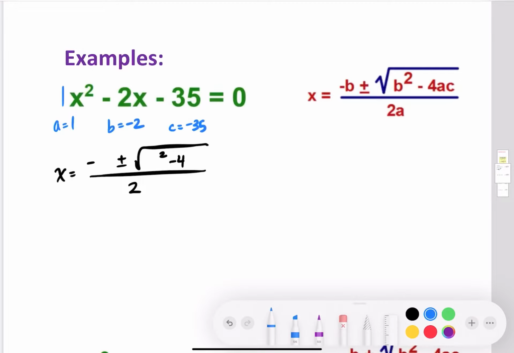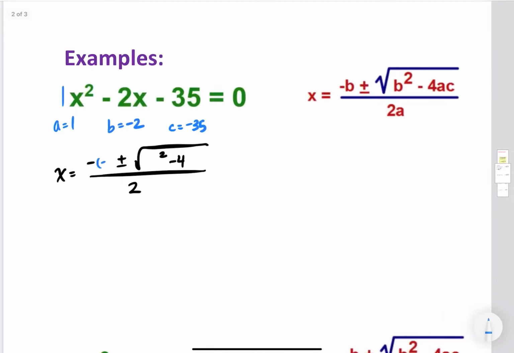Negative b means negative 2. I'm just substituting here, not doing anything yet, just placing our numbers in. Then we have our b squared, so that means negative 2 squared, minus 4 times a, which is 1, times c, which is negative 35. I want you to take note that I'm putting all of my numbers in parentheses. Anytime you substitute, you have to put it in parentheses.